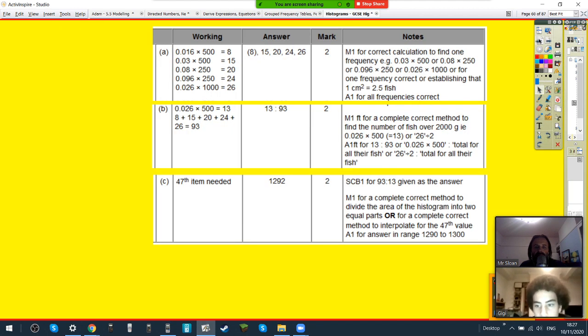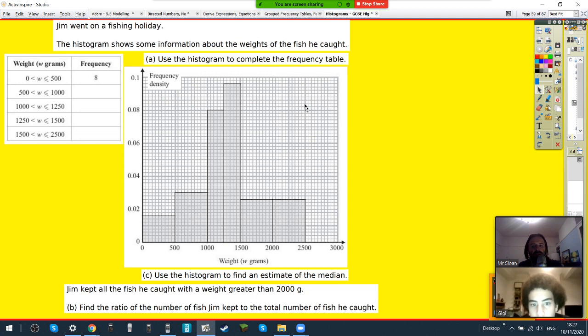So 8, 15, 20, 24, 26. Okay, so we have to find an estimate of the median. Do we multiply the estimate weight by the frequency?